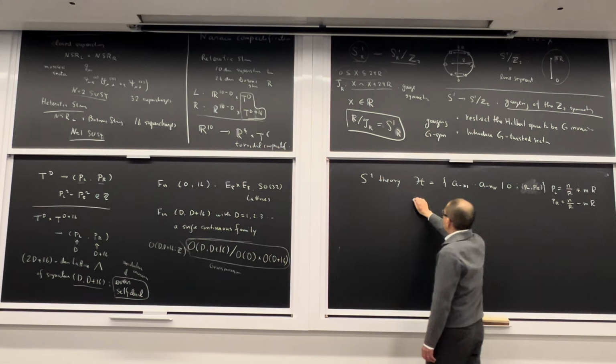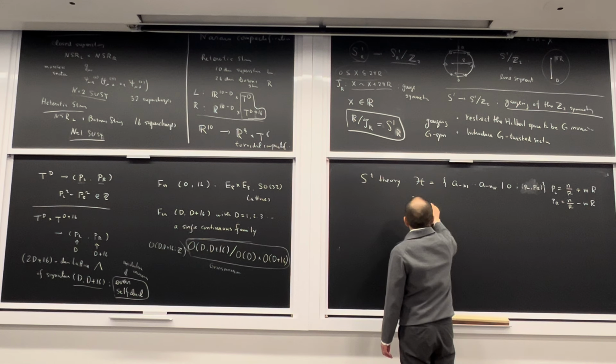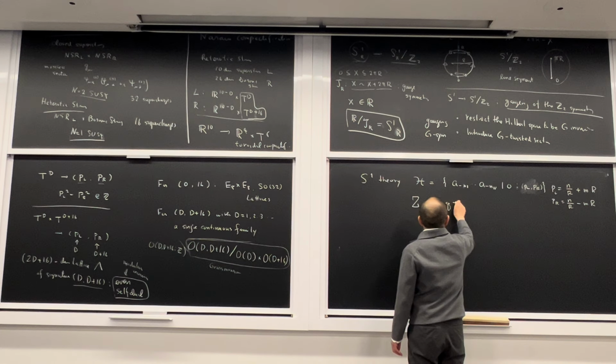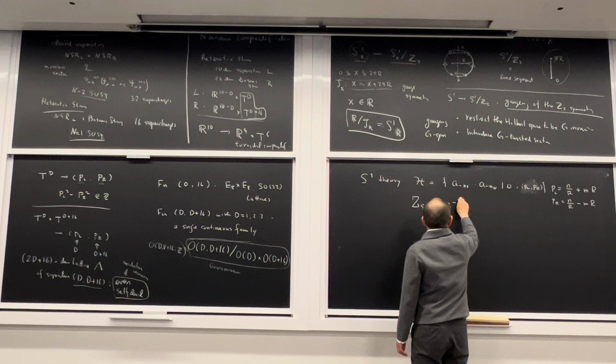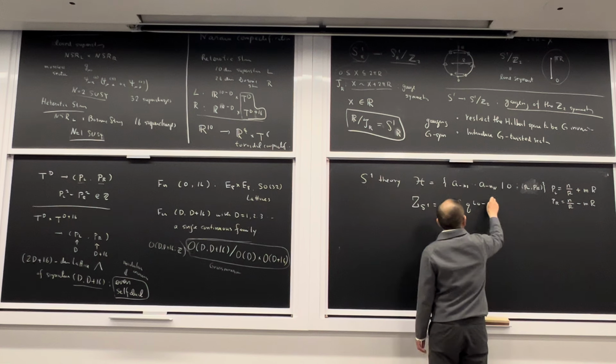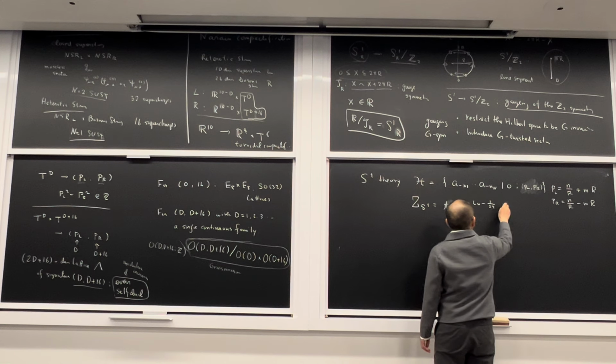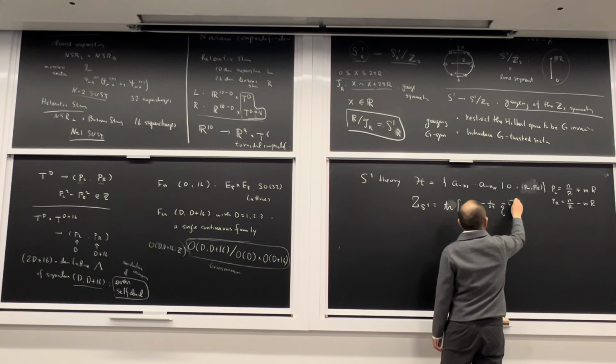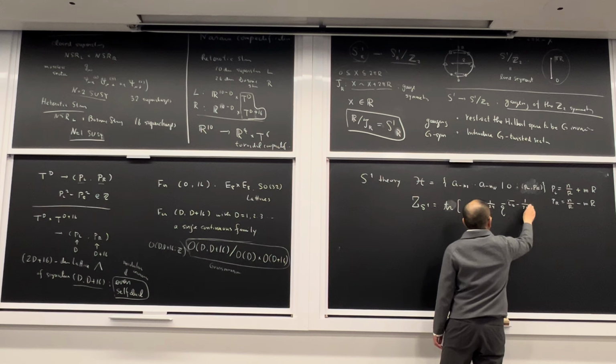Therefore the partition function of the theory on S1 is the trace of q to the L0 minus 1 over 24 times q bar to the L0 bar minus 1 over 24.